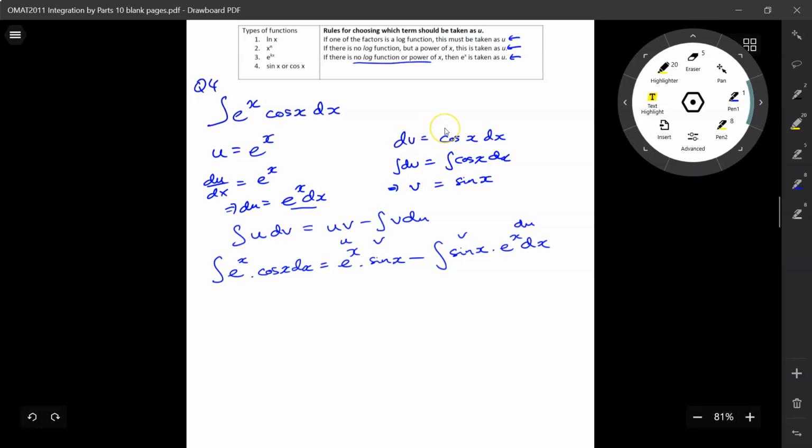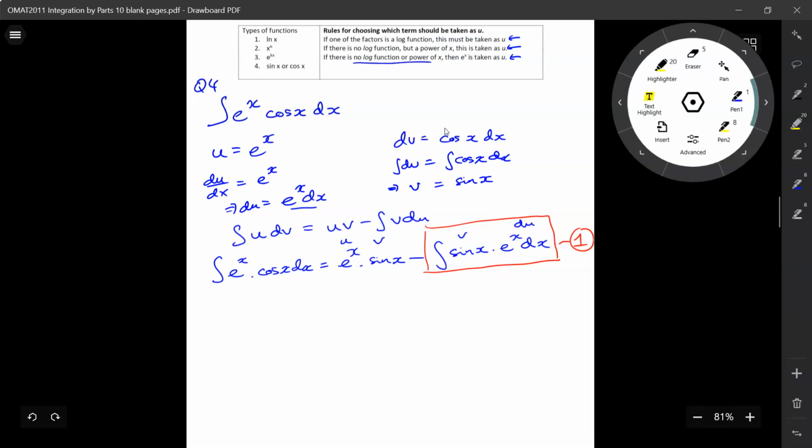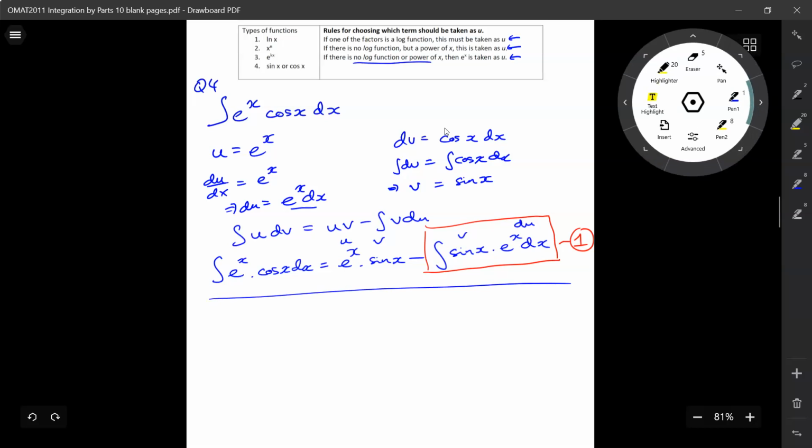You can see here that we're going to have to go around again. The whole thing is equation 1, but we're going to have to go through the process again where we apply the rule of integration. This time we're getting the integral of exponential x times the sine of x dx.